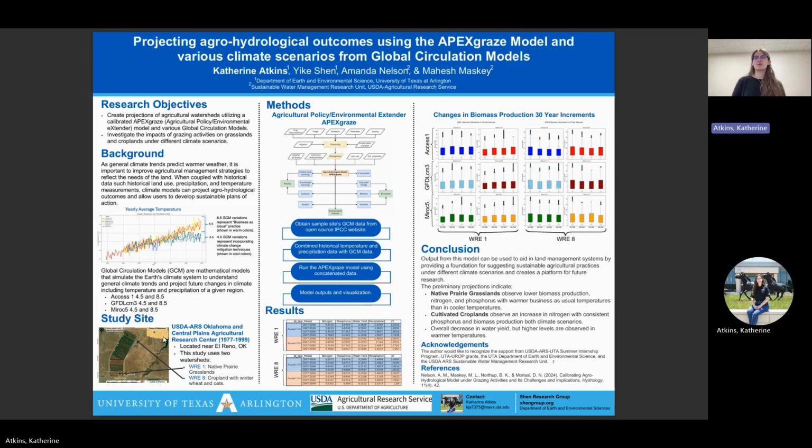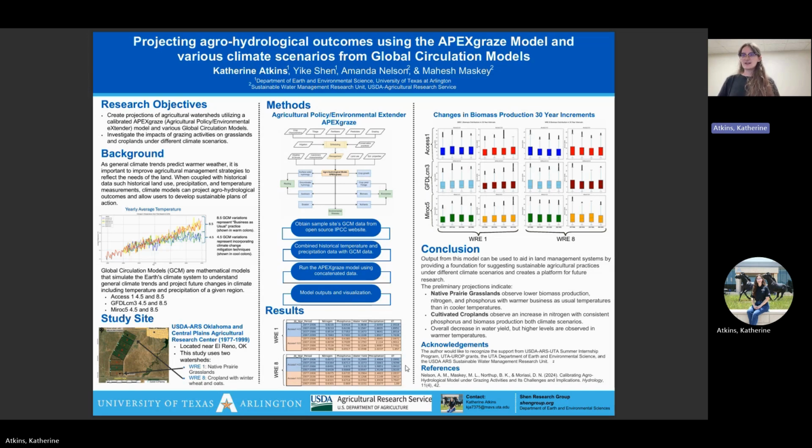To use this model, you first obtain the global circulation model data from the open source IPCC website, and then concatenate that predicted data with the historical data, and then run that full data set through the APEX GRAZE model. The output is how the soil health is predicted to change.